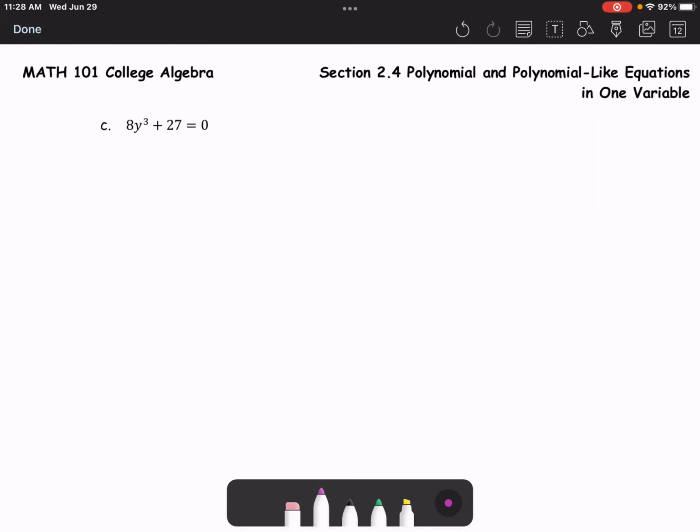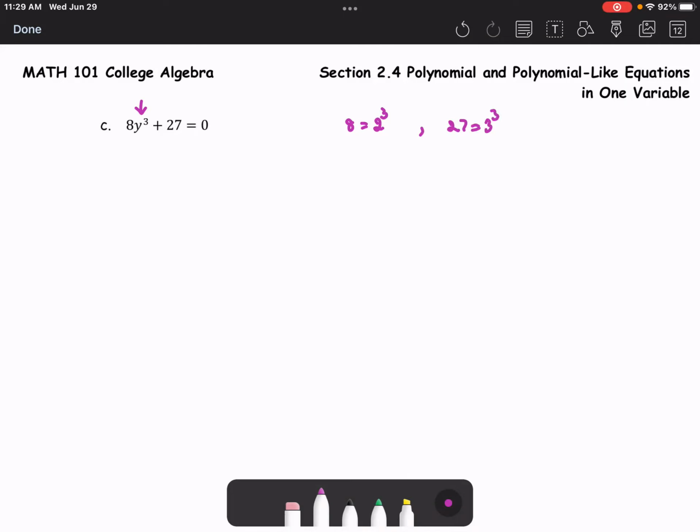For example C, we have 8 times y to the third plus 27 equals 0. 8 times y to the third plus 27, because of the power 3, think about the sum of two cubes. The value 8 is 2 to the third power. 27 is 3 to the third power.